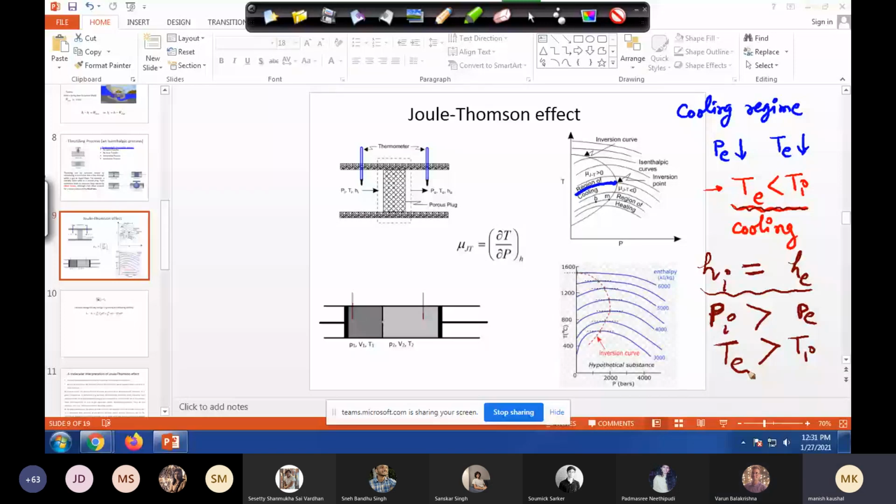In order to claim this... Sir, I was thinking maybe if the starting pressure Pi is in the region of cooling. That's true. I'm just wondering, is this true always?